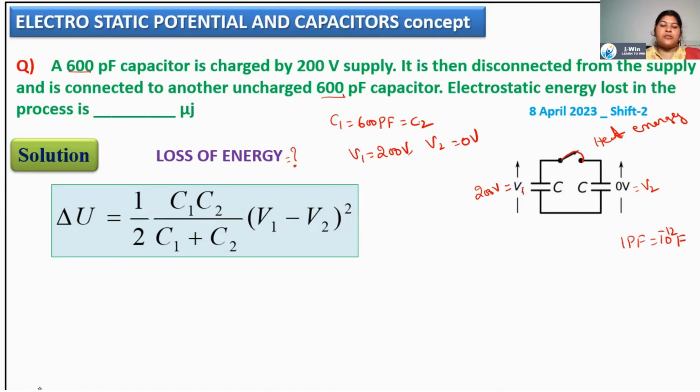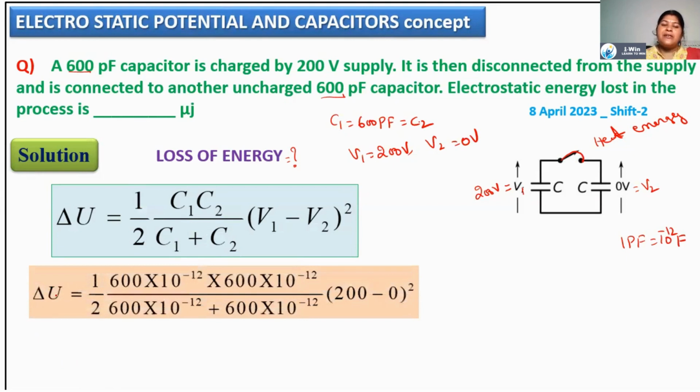Substituting, delta U equals half into 600 into 10 power minus 12 into 600 into 10 power minus 12 by 600 into 10 power minus 12 plus 600 into 10 power minus 12, into V1 200, V2 0, whole square.